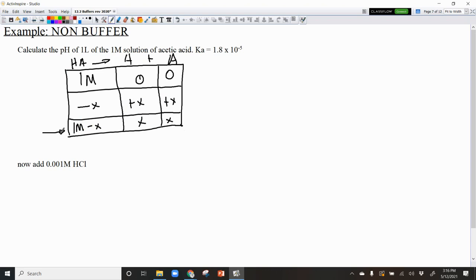And remember, this is equal to the Ka. It tells us the Ka here is 1.8 times 10 to the negative fifth. And remember, when we're subtracting this very small amount that it's going to dissociate for a weak acid, this is so small that it's really not going to have a significant effect. So to make the math easier, we drop that off.